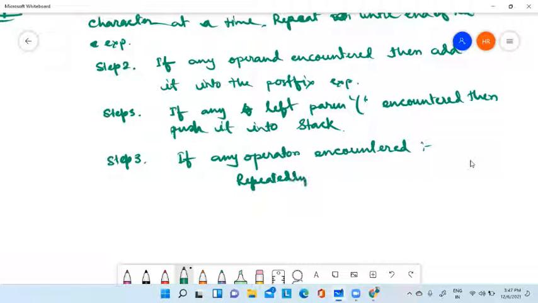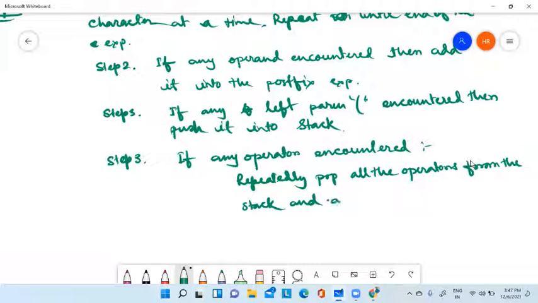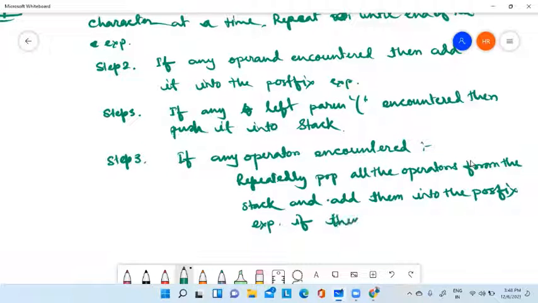Repeatedly pop all the operators from the stack and add them into the postfix expression if they have higher or same precedence.